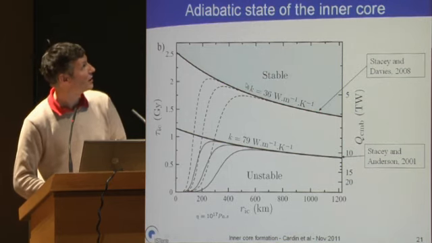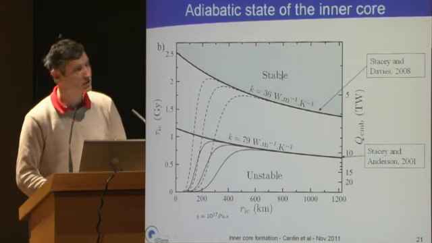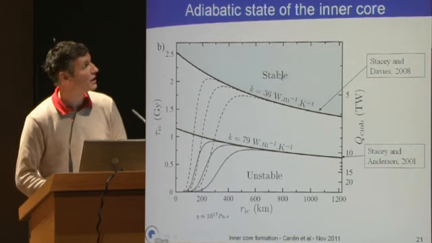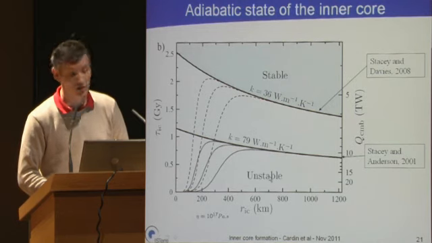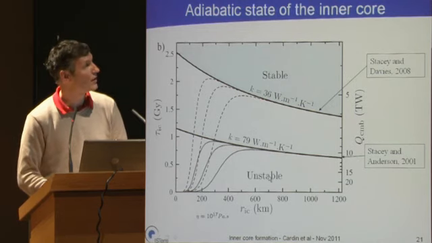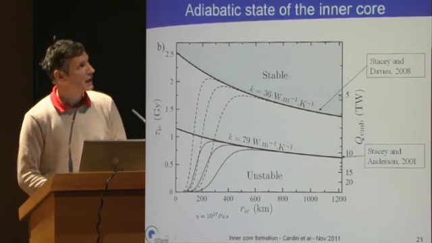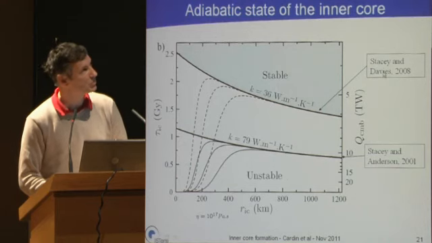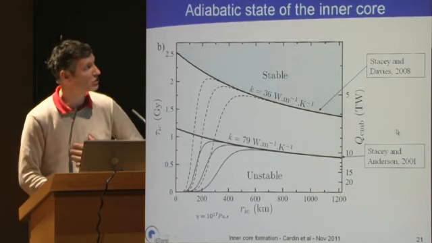If the inner core is very old, the inner core is stable. And if it's very young, it's unstable. Two thermal conductivities have been published, only two to my knowledge.